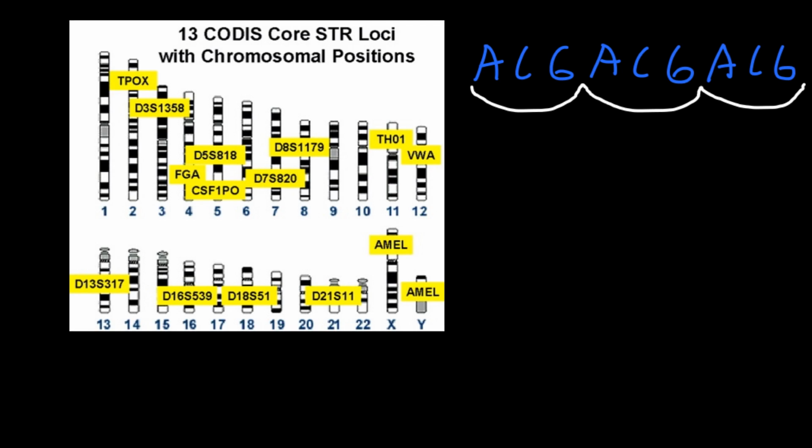Imagine that on chromosome number 2, at a locus, on the chromosome that you got from the father side, you have 3 repeats, and on the chromosome that you got from the mother side, at the same locus, you have 2 repeats of the same repeat A, C, G. So now we have a unique profile for you for this locus, and we can say that this is 3, 2.